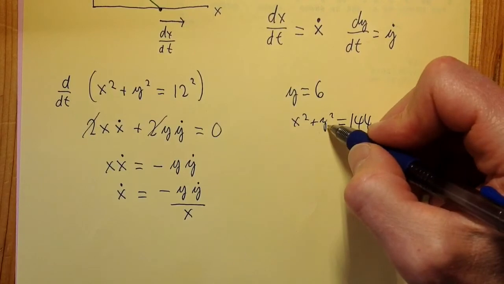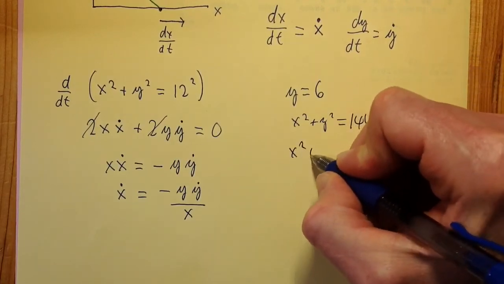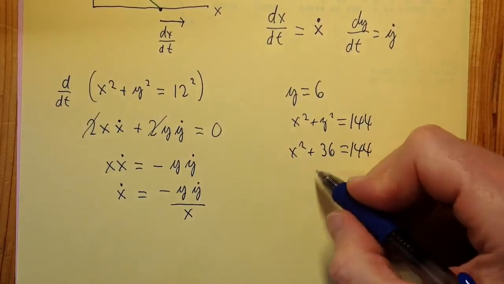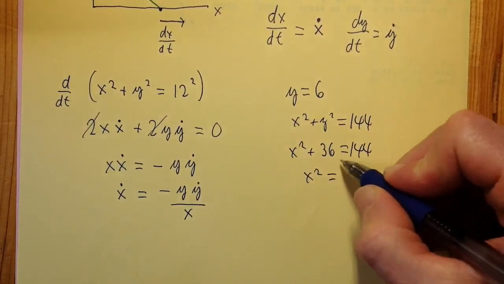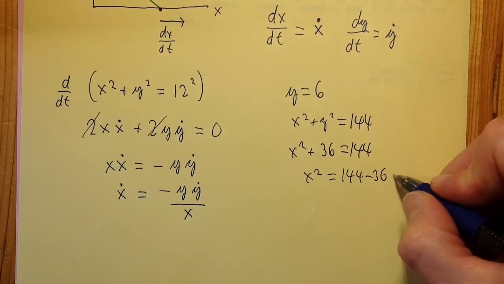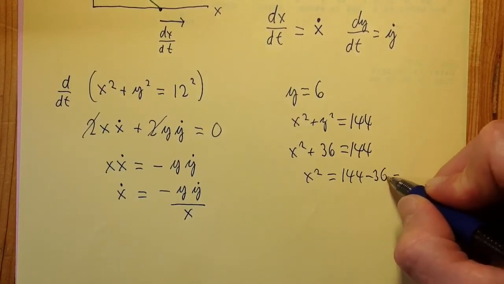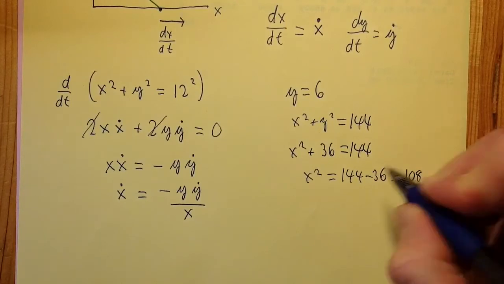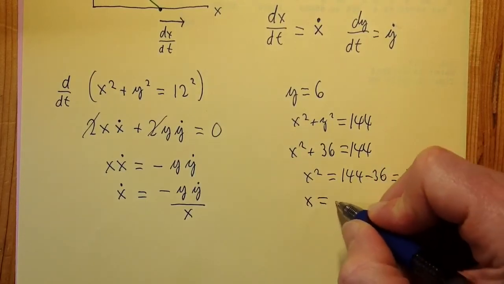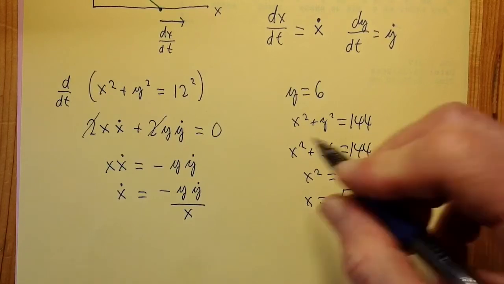When y is 6, that would be x squared plus 36 equals 144. X squared is 144 minus 36. I think that's 108.